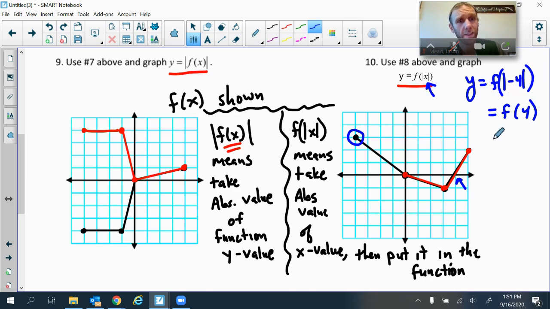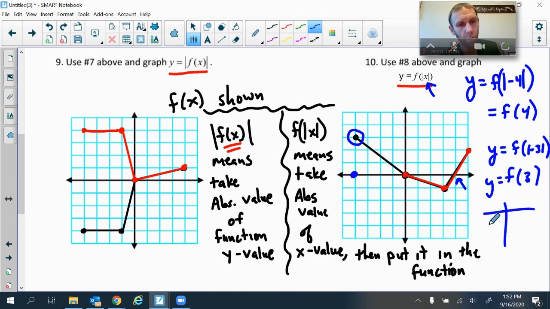So that means when I sub in -4, I'm going to get 0. What happens if I sub in -3? Well, I end up with f of 3. So f of 3 was -1. So if I'm making a t-table, when I plug in -4, that becomes whatever the function value is at 4, which is 0. -3, when I plug that in, I get whatever the function value was at 3, which is -1.